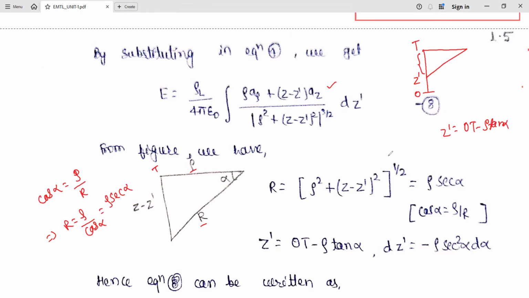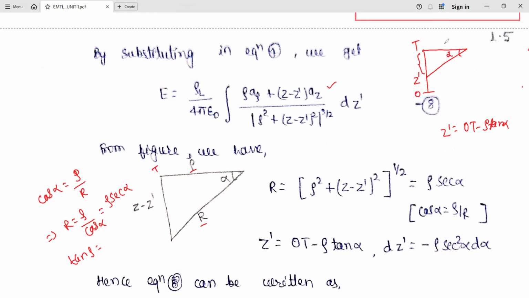How did we get tan alpha? The tan alpha value is opposite side by adjacent side, and on the basis of that you will get this value. Suppose this is your alpha.